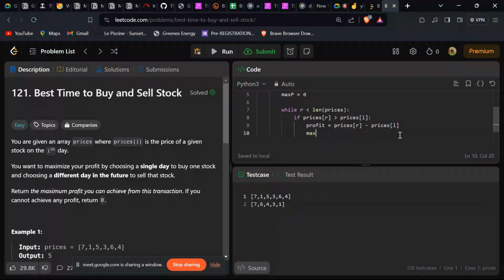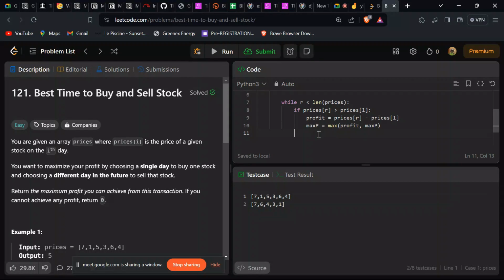Our maximum profit will be updated to the max of the profit and the maximum profit itself. That means that as we continue sliding the window one by one, we'll be able to update our maximum profit until we get the maximum profit.